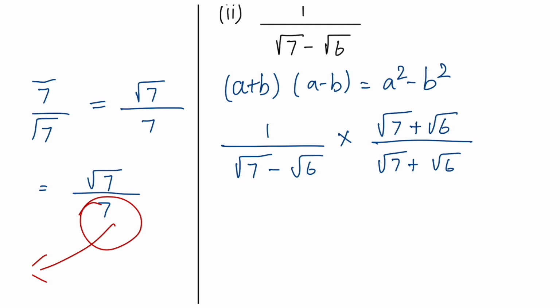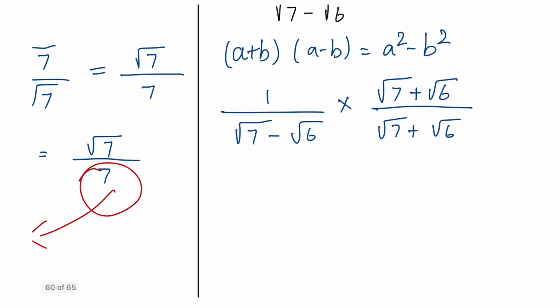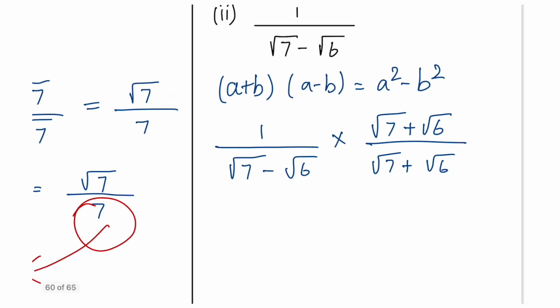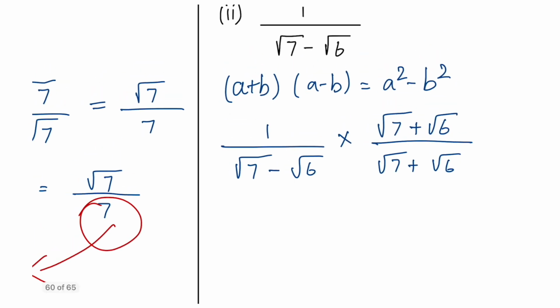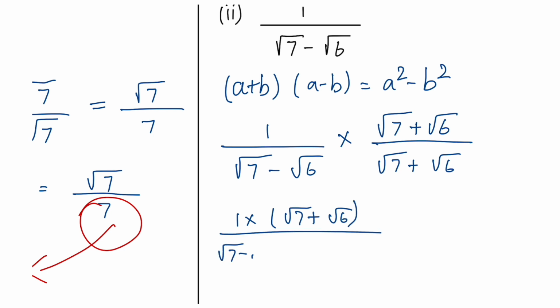By doing this, you can observe that the denominator becomes of the form a plus b into a minus b. Let me just rewrite it again so you'll understand it better. It's 1 into root 7 plus root 6 divided by root 7 minus root 6 into root 7 plus root 6.